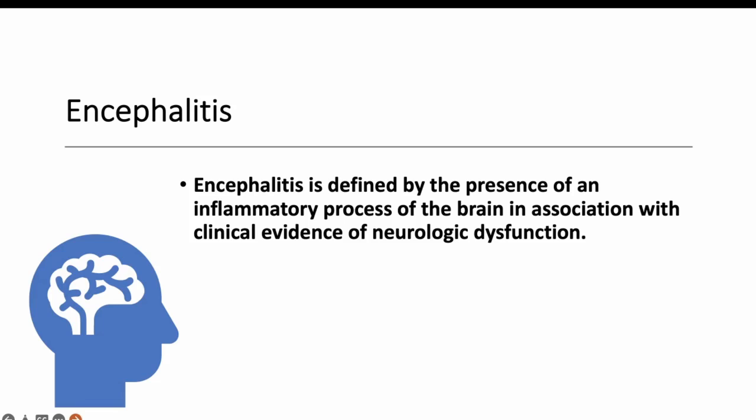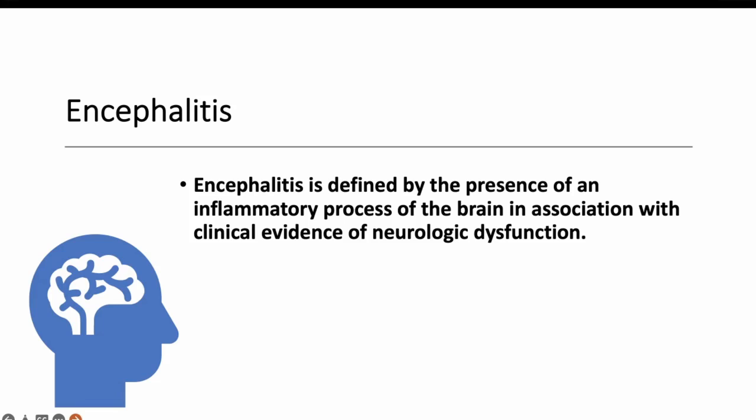There is also another virus that can present with slow viral infection, like we mentioned in virology, if you remember, measles. It can cause what we call it? Yeah, exactly. And it could be secondary to autoimmune.